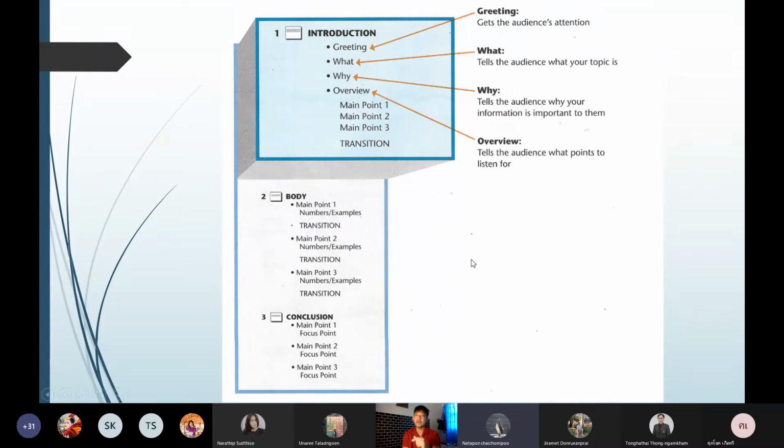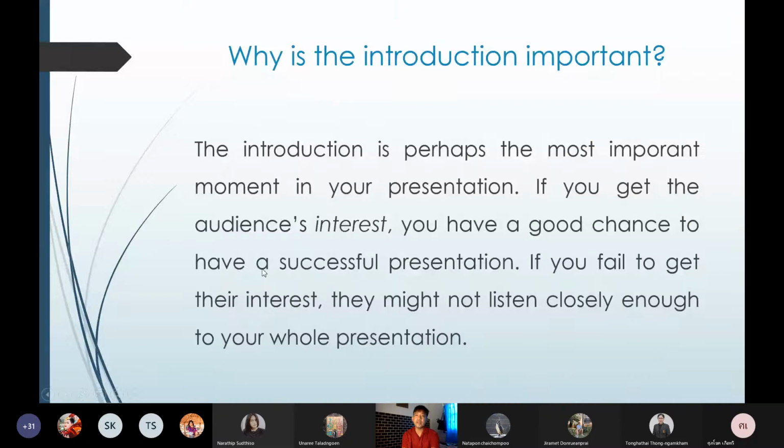Okay, before I show you the sentences, let's take a look at this first. Why is the introduction important? Why do we have to proceed with the introduction? The introduction is perhaps the most important moment in your presentation.